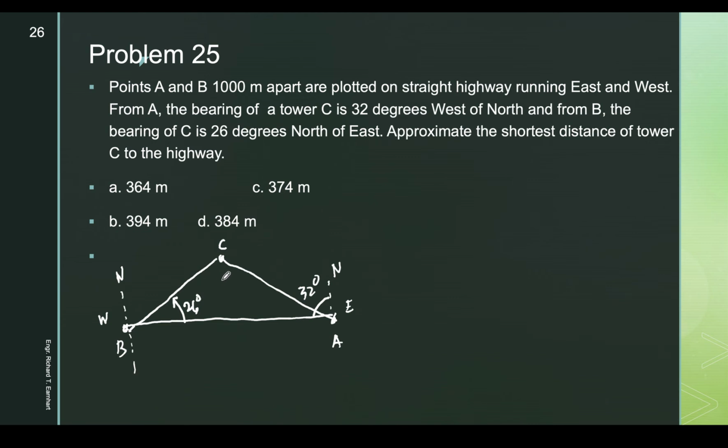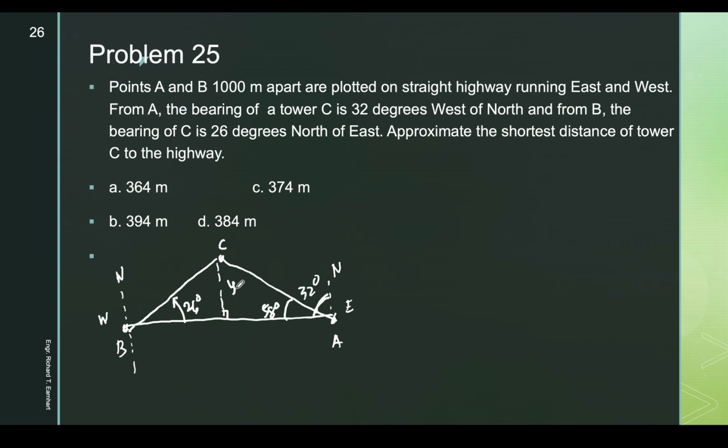Okay. And if this is 32, this angle must be 58 degrees. Okay. And this is the shortest distance now. Must be perpendicular to BA. So this is, let's say, Y.